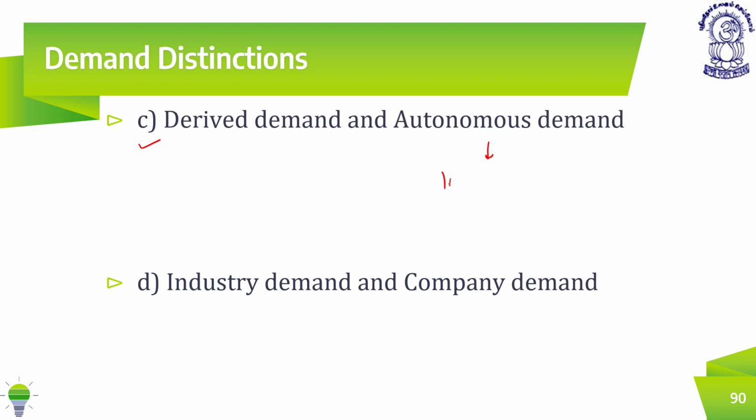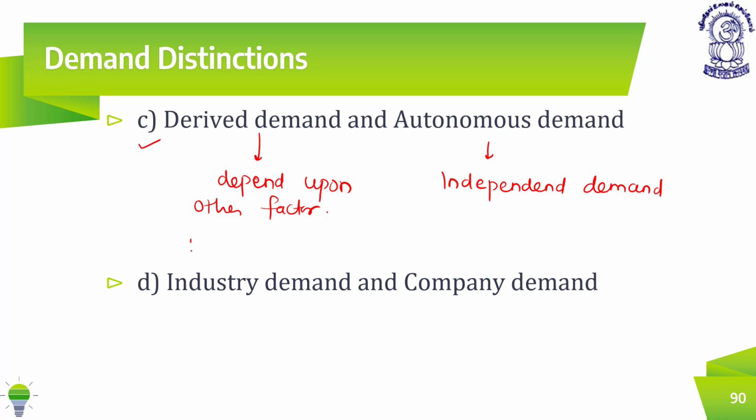Autonomous demand means many of the goods have independent demand. Derived demand means they depend upon other factors. So the demand for pen depends upon education, because education is required, students require to buy pen.